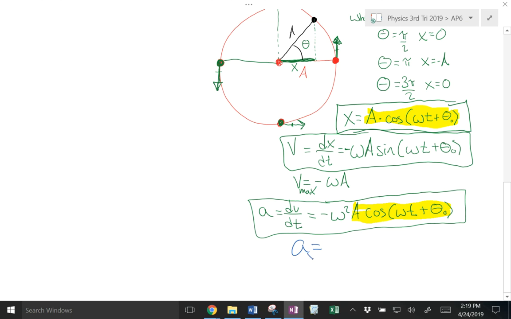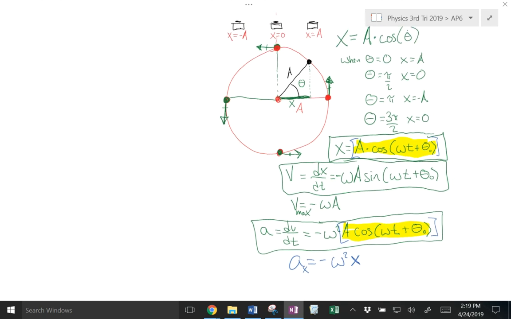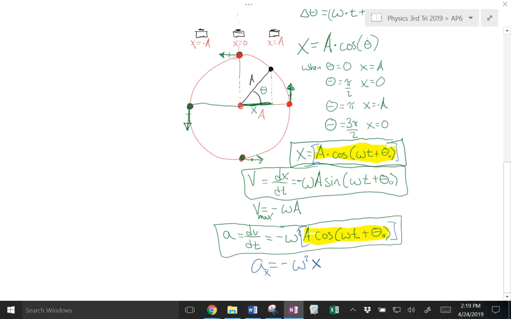Acceleration as a function of x, negative omega squared x, right? Because this whole thing right here equals x, and it showed up right there again. So your most positive acceleration occurs when you have your most negative x position. Your most negative acceleration occurs when you have your most positive x position. All right. So that's all that jazz.